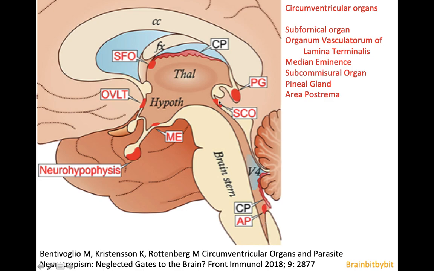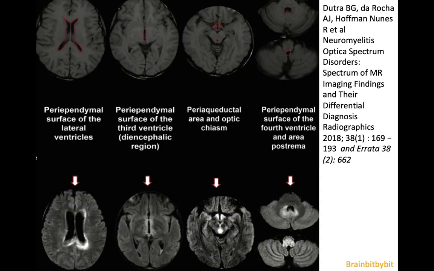So in all these regions, the endothelium of the capillaries has larger gaps, and the astrocytes have more aquaporin 4 channels, which enables the transport of the fluid to the interstitium of the brain. And these regions are involved in NMO if there's antibodies against aquaporin 4.